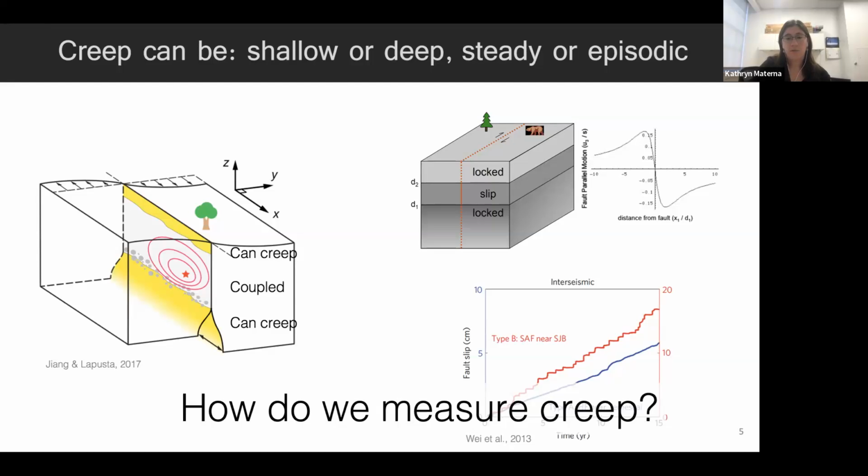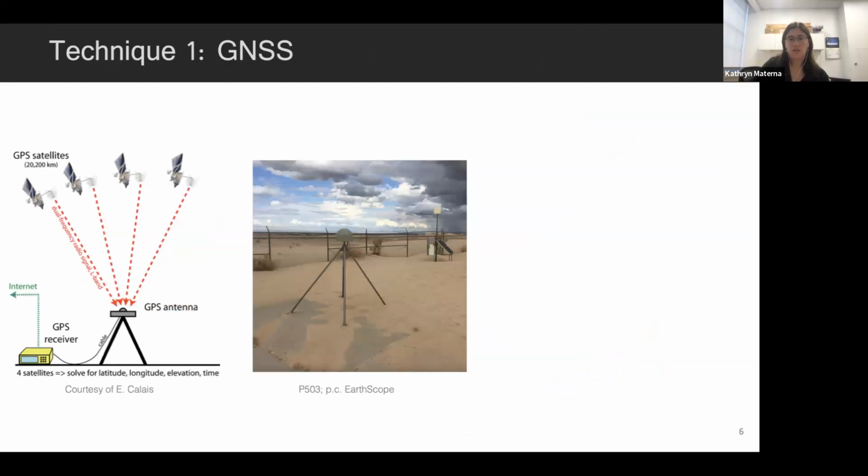Of course, we start with the GNSS technique, which involves an antenna attached to a deep drilled monument, measuring the position of a point on the Earth's surface very precisely. Here in schematic form, and then in real life, this station P503 is next to the Superstition Hills Fault, and this is the station that I'll use most of the data from in this talk.